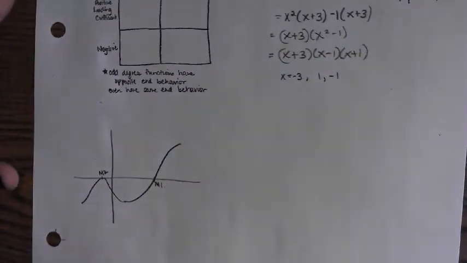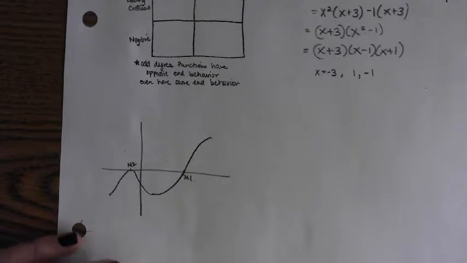Do you know what something does if it has a multiplicity of 3? Any guesses? Andrew? Not just like that. It will go through, but in a unique way.